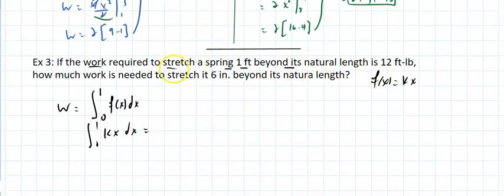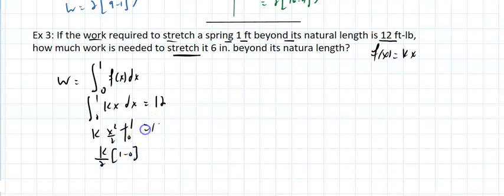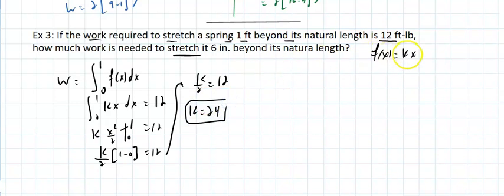First I need to figure out k before I could go for the second part. K is a constant, x squared over 2 evaluated from 0 to 1. So that is k over 2 times 1 minus 0, and that is 12. So I have k over 2 equals 12. So k in this case is 24. So we know now that for this system, F equals 24x.